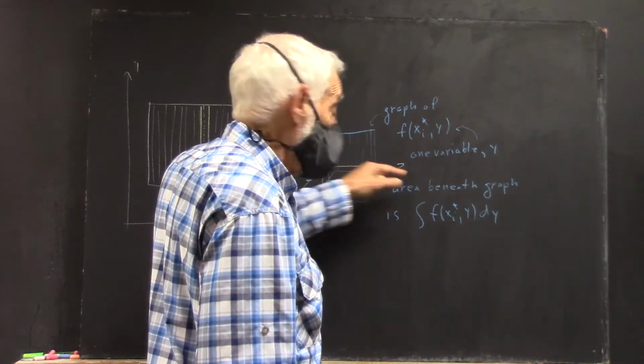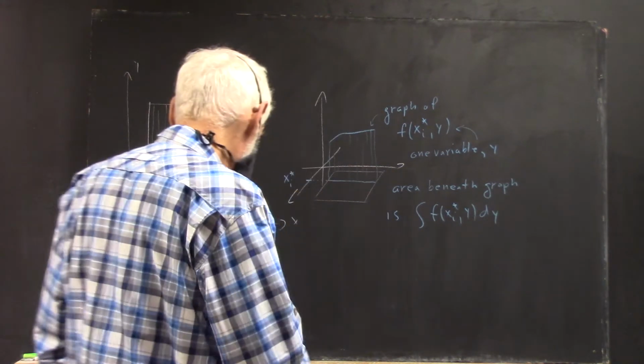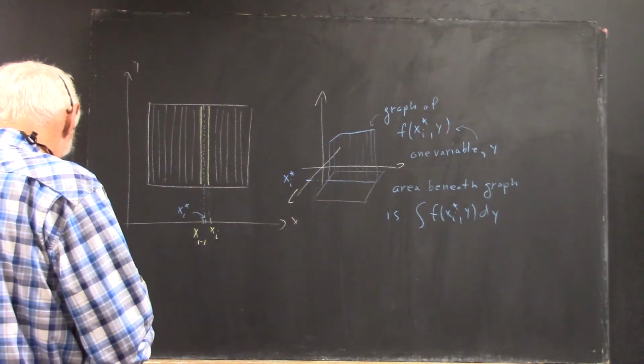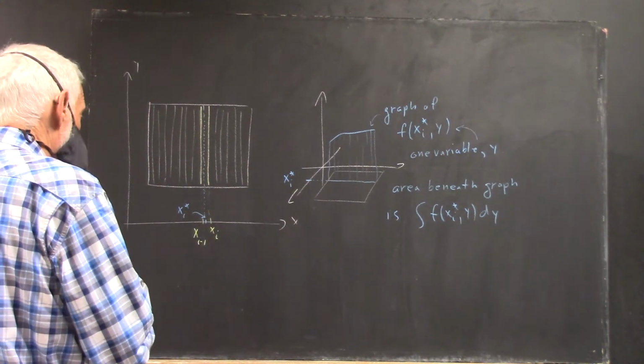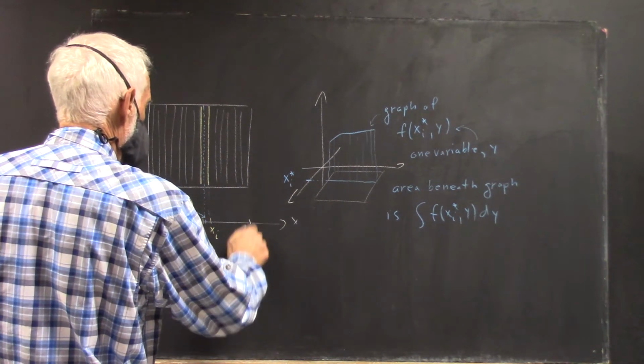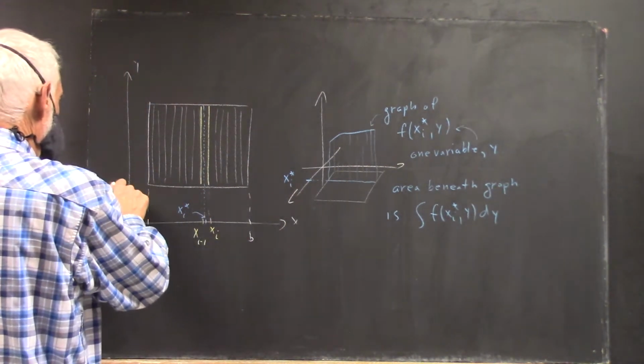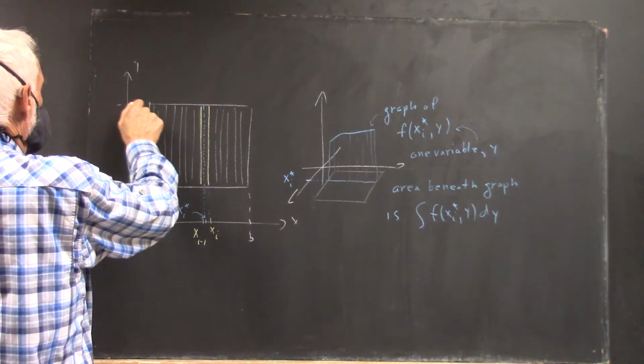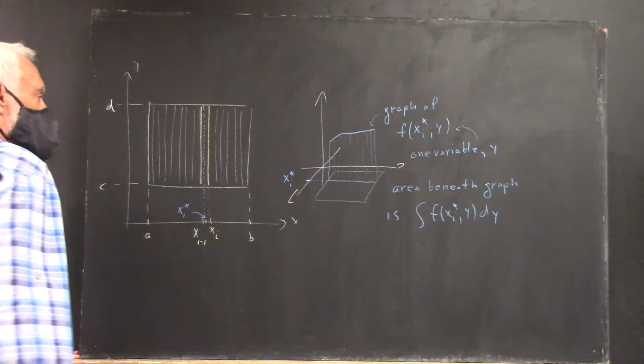Obviously, y is what's varying here, right? Okay. Now let's put a couple of numbers. Let's say, again, here we go from A to B, and from C to D.